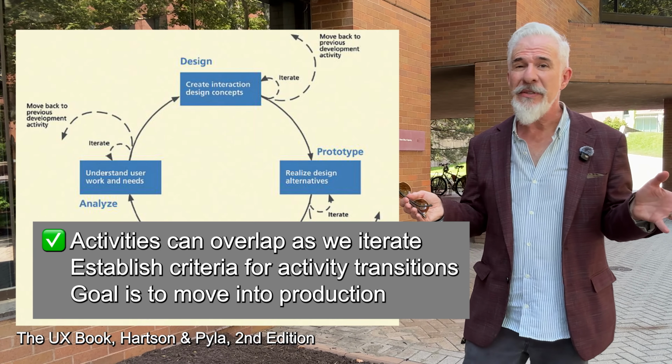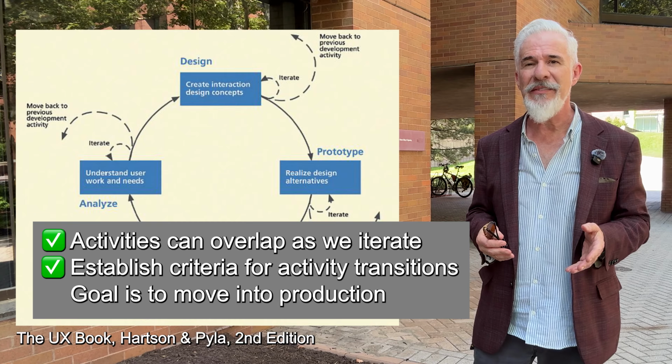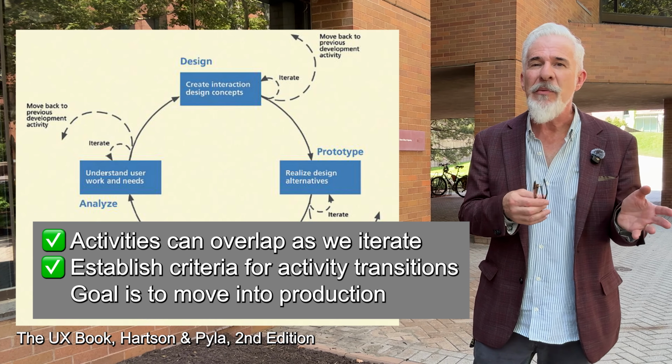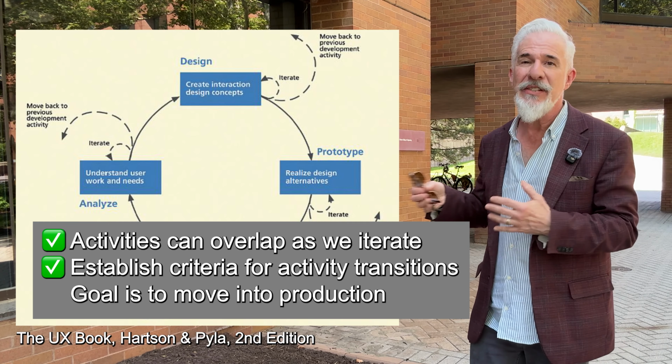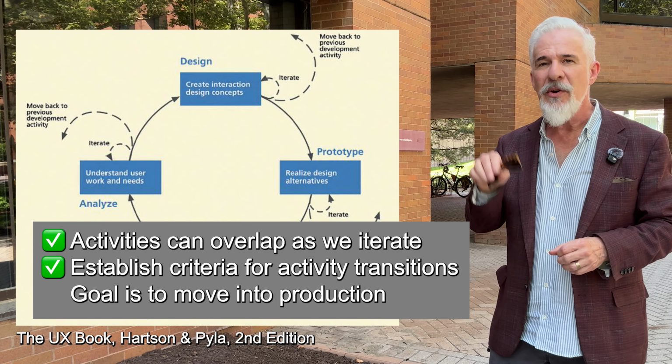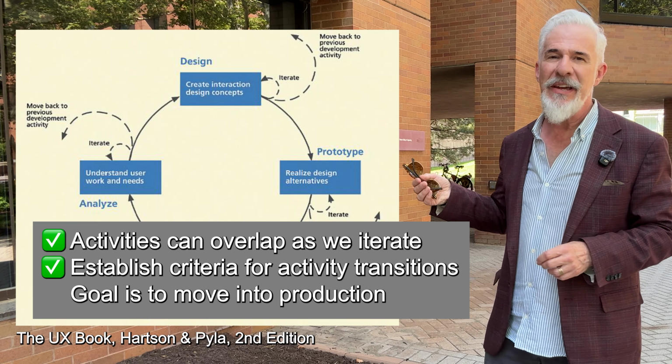Yet we still have to establish some criteria for the activity transition, meaning that we can't just stay, maybe say, in the ideation phase forever. So how do we know when it's time to move on to the design phase or to the prototyping phase? And this is why it's important to set some criteria when you're writing your early documentation so you know when it's time to go on to the next phase.